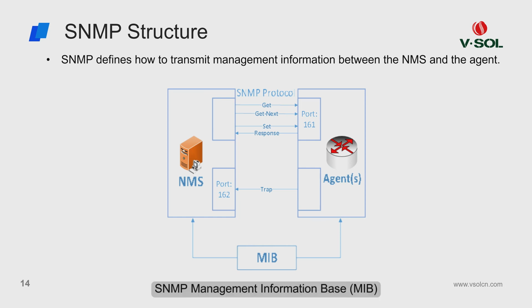SNMP Management Information Base, MIB, is a core concept within the SNMP framework. It is essentially a database structure that defines a standard set of rules and formats for describing the various objects and their properties that can be managed on network devices.